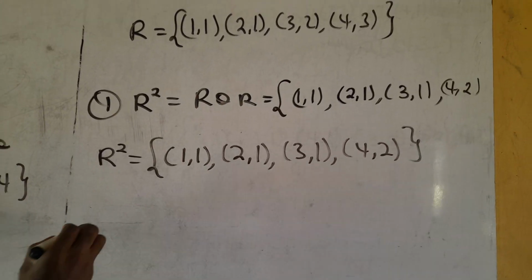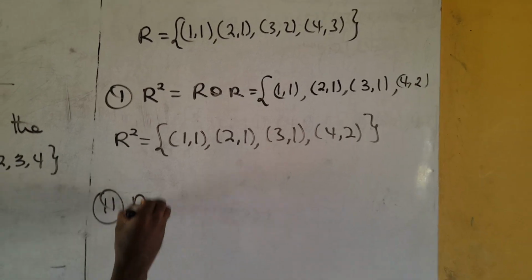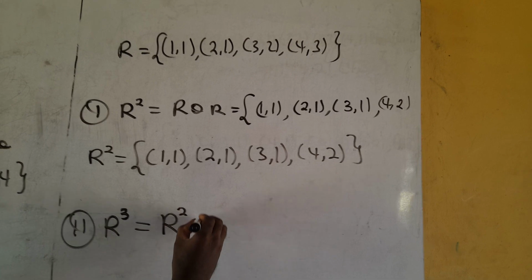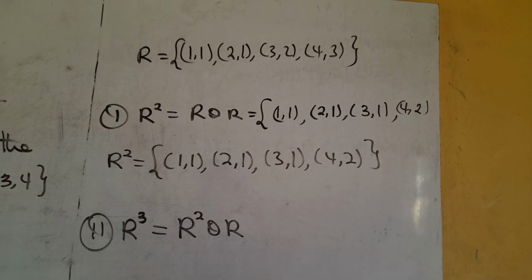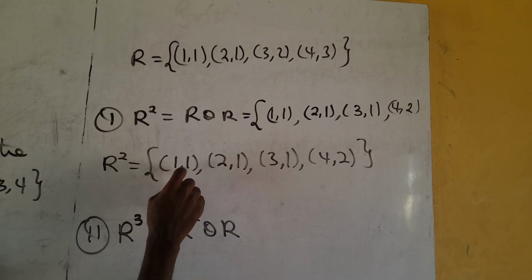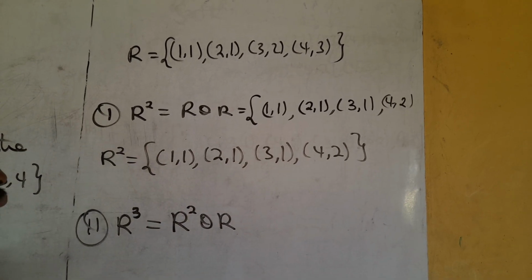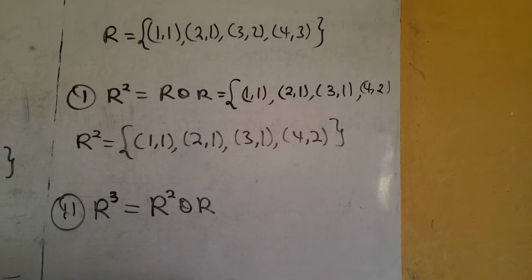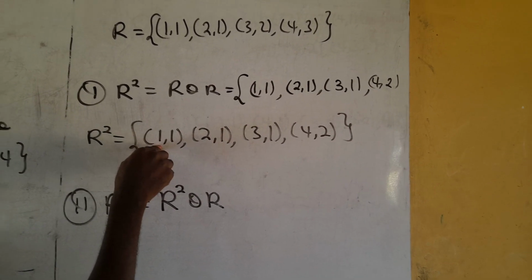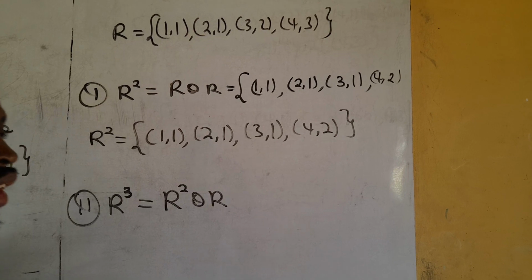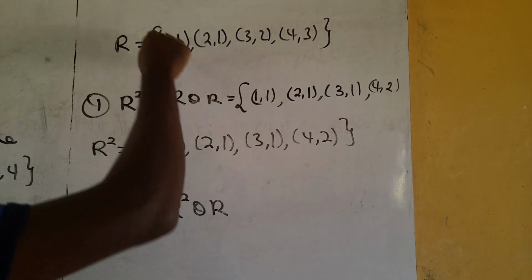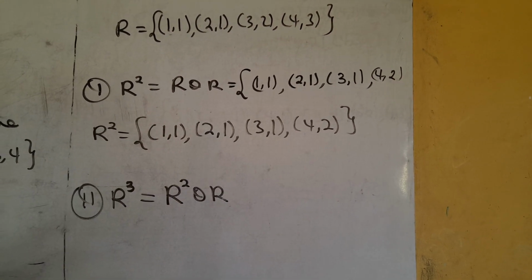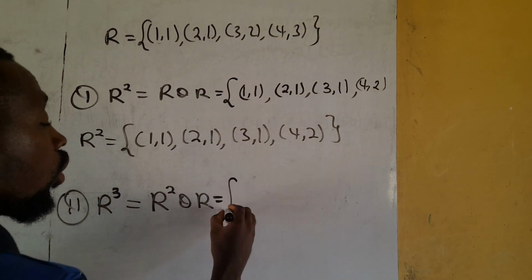The next one, which is R exponent 3, remember, is equal to R exponent 2 composite R. So what does that mean? We match all the pairs in R exponent 2 against all the pairs in R. If the second in R exponent 2 corresponds with the first in R, then the first in R exponent 2 will relate to the second in R. So we are going to do it for that too.